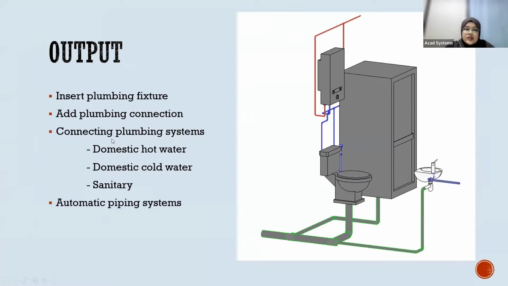Next, we will connect the plumbing system, which is we will insert the piping for the domestic hot water, cold water, and sanitary. And lastly, I will show you the automatic piping system. The system will be generated automatically. So without wasting any time, let's get started with our lesson.